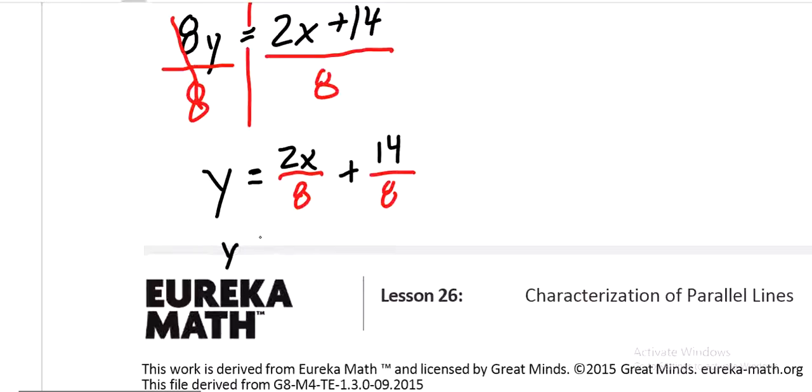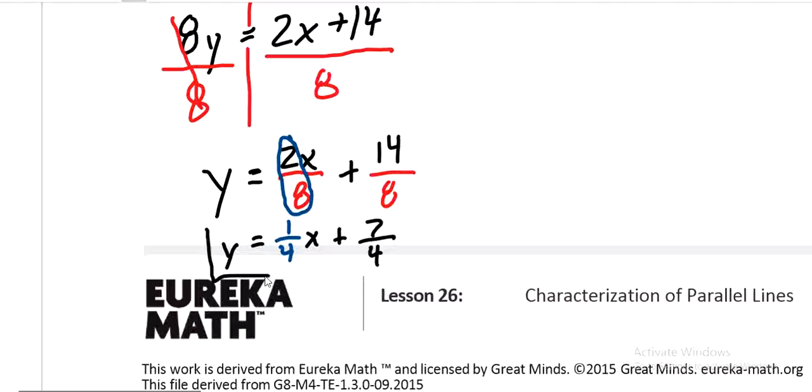So this will be y equals, and again we have 2 over 8. If you type 2 over 8 into your calculator, you'll find out that it reduces to 1/4, and that's just being multiplied by x. They mean the same thing. And then we'll have plus 14 over 8. 14 over 8 also reduces, down to 1 3/4, or we could just write it as 7/4.